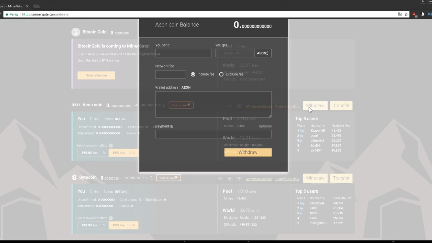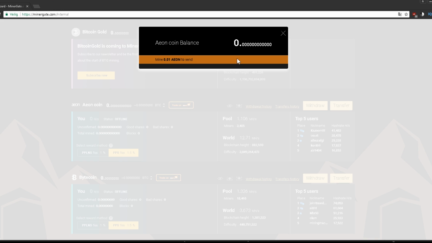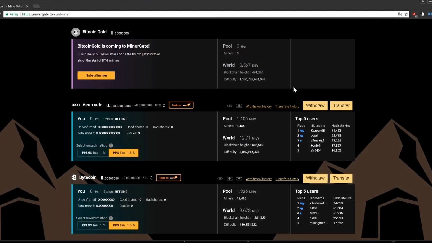Here you can withdraw to an address, and with transfer you can transfer to another Minergate account using your email, which is handy if you have some problems or your account has been corrupted and you need to transfer your currency somewhere to another account, perhaps. These buttons here.